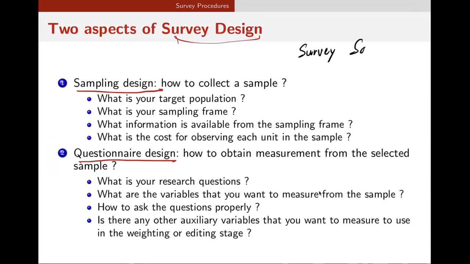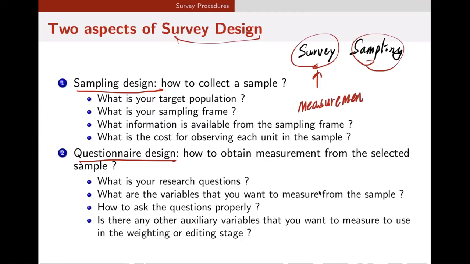Survey. These are actually two different concepts, right? Survey means measurement. Asking questions is about concepts, for example, employment, unemployment.